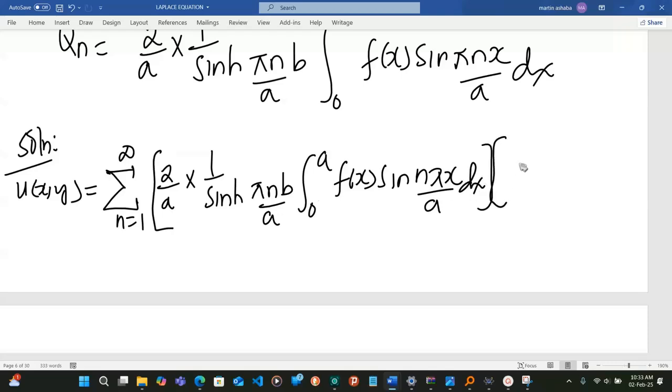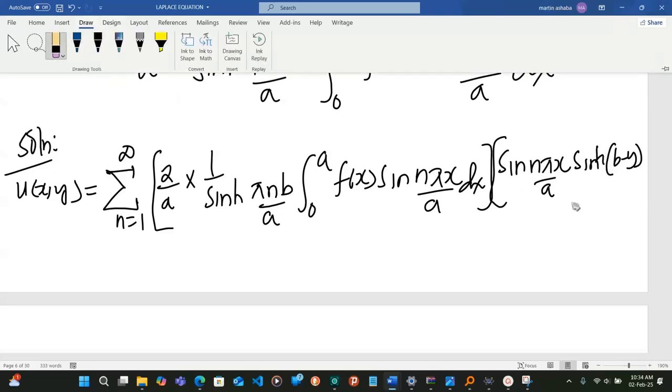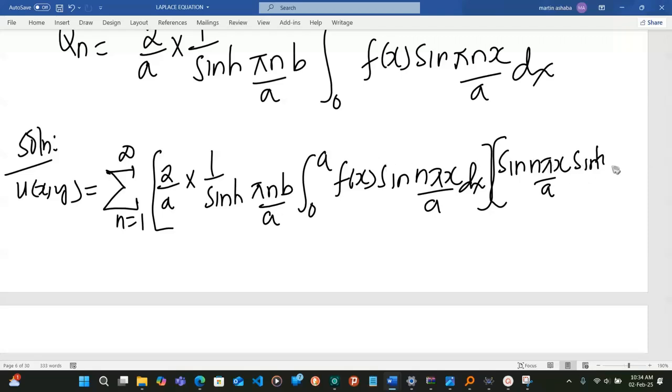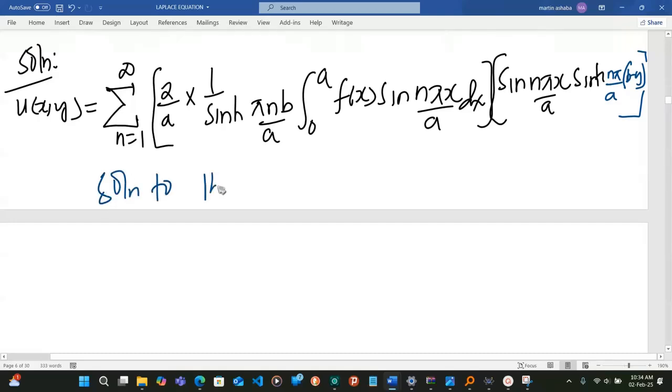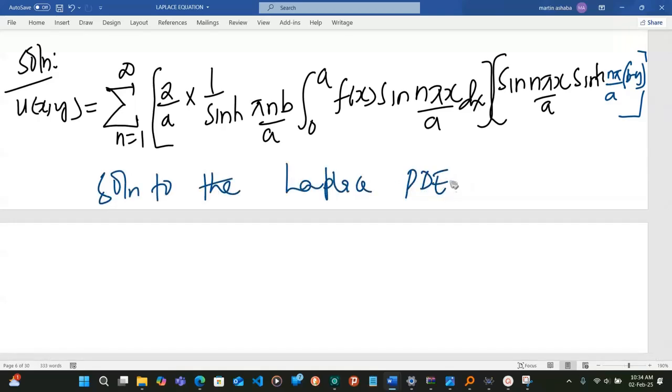Then we are multiplying it by sin(nπx out of a), then times the hyperbolic sine function of p(b − y). Remember you have a p here, but p is equal to nπ out of a, into b minus y. So that is our expression that gives us the solution to the Laplace partial differential equation.